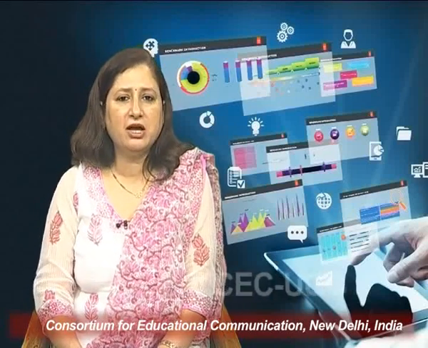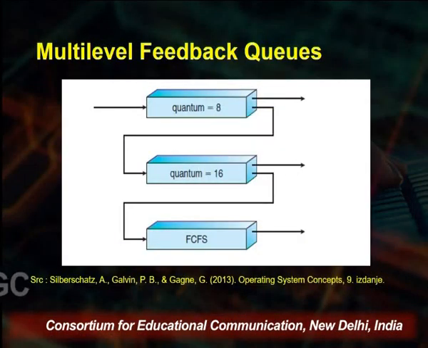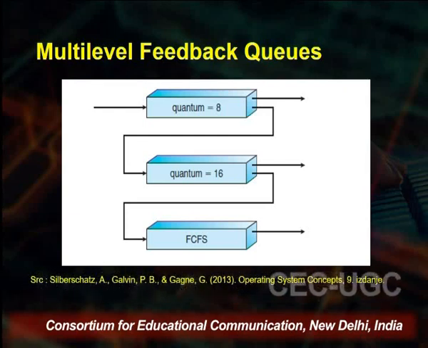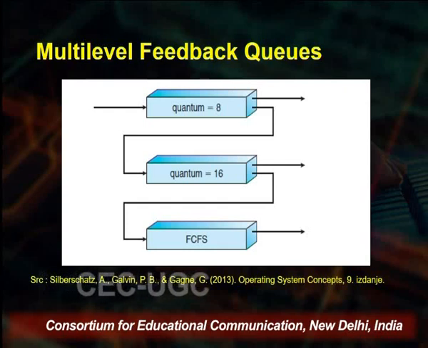So if we look at this queue, now in this case the queues are based on the CPU slice time. So we have 3 queues here, one with a quantum of 8, the other with a quantum of 16, and the third which is an FCFS queue.